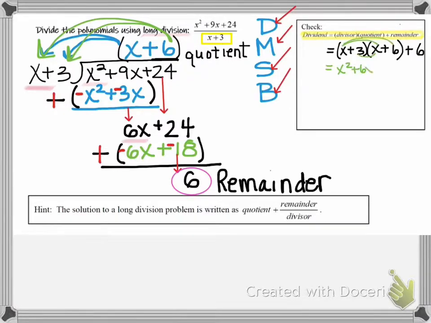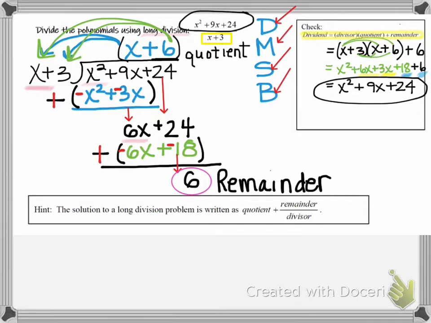I get x squared plus 6x plus 3x plus 18, and then I add in the remainder of 6. Combining like terms gives me x squared plus 9x plus 24. Now I go back and look at my original dividend, and look at that, they match. Yay, happy dance. That means I did the problem correctly.